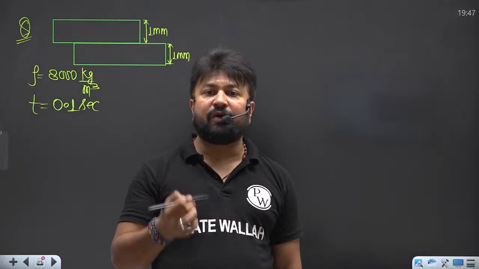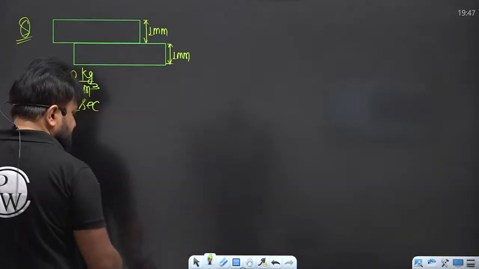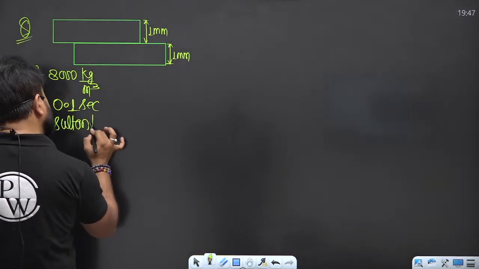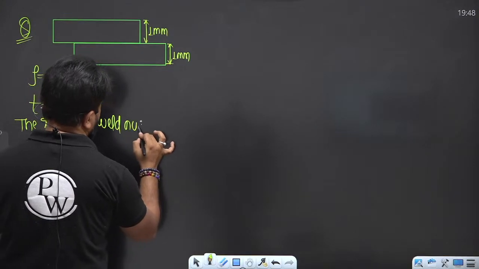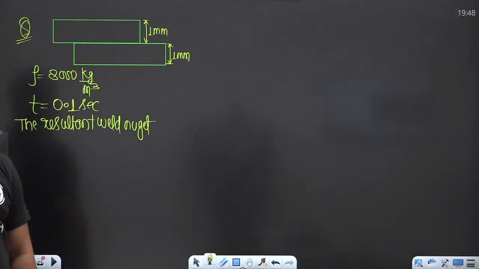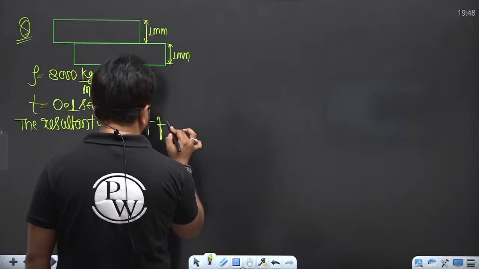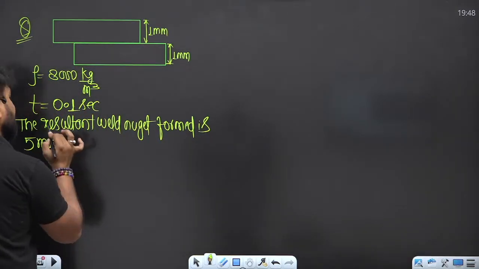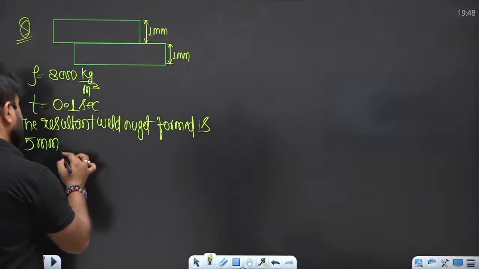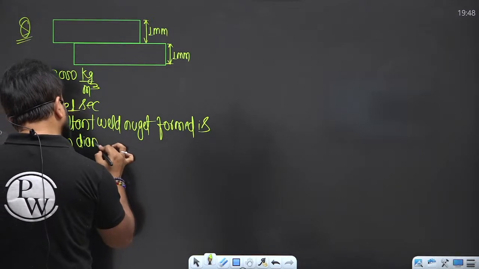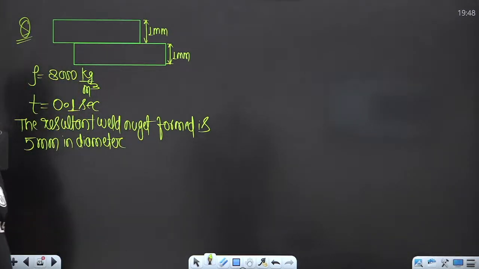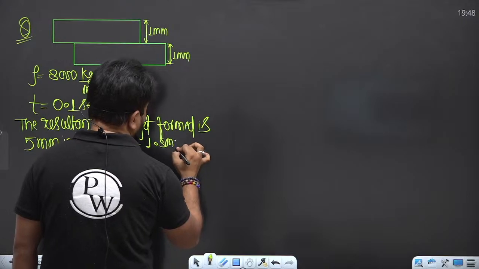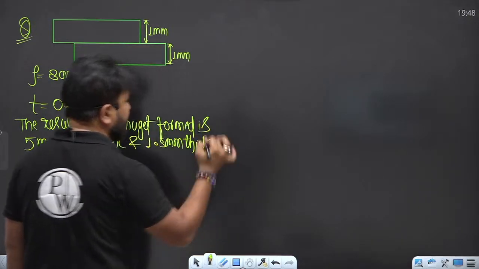The resultant weld nugget formed is 5 mm in diameter and 1.5 mm thick, right? 1.5 mm thick.